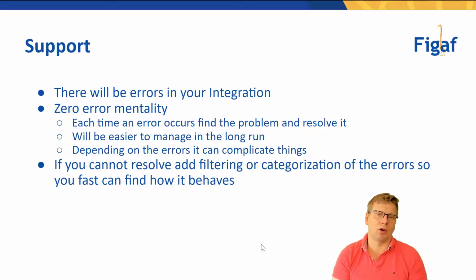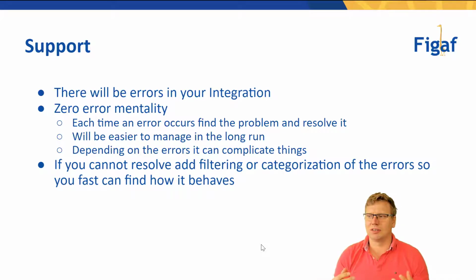So each time an error occurs, you find the bug, find the reason, and build in some robustness on it. And that means that in the long run you will not have any errors, because every time you get a new one, you fix it, you resolve it, move it into production, and then you would not see that error anymore.